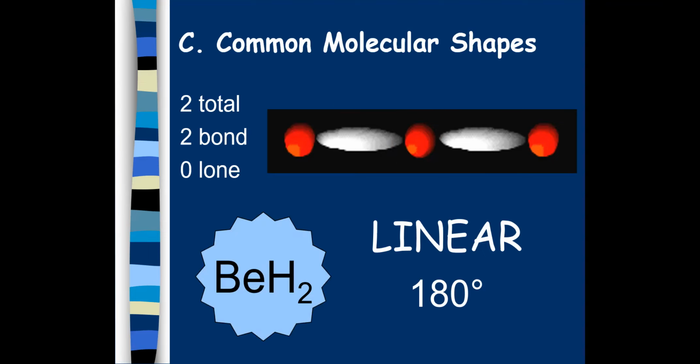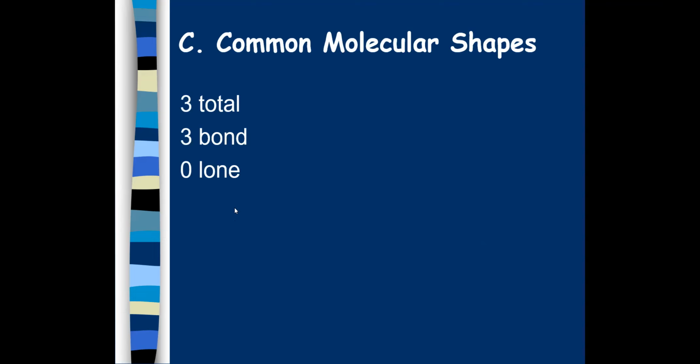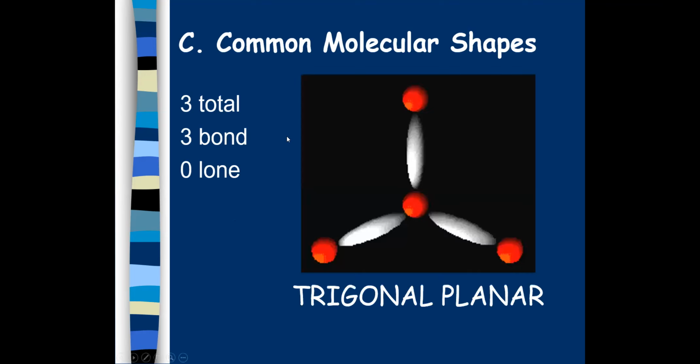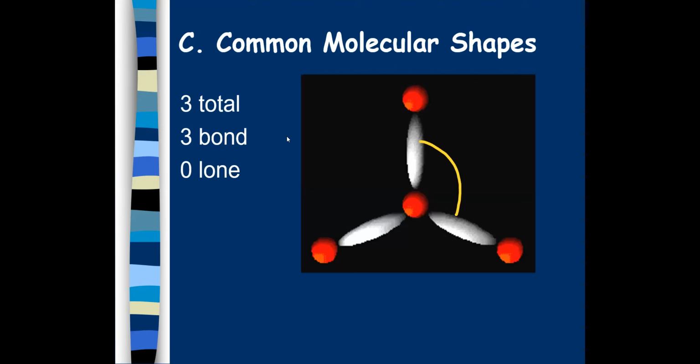That's one. Now we have the second one. And this one is 3 bonds, no lone pairs. And it looks like this. It is known as trigonal planar. And the angles between each other, so from here to here, right, is what we're talking about. The angle is 120 degrees.